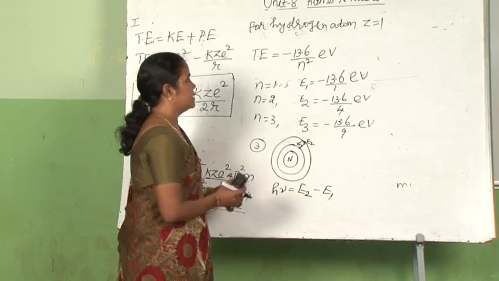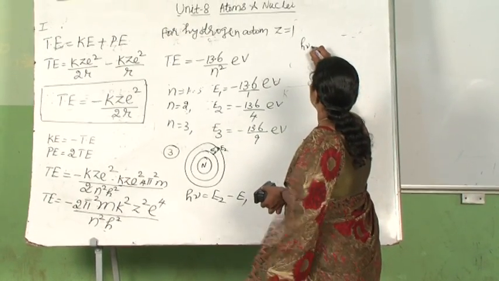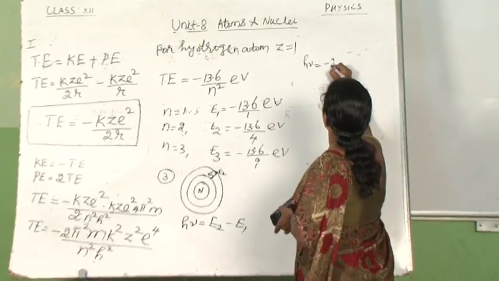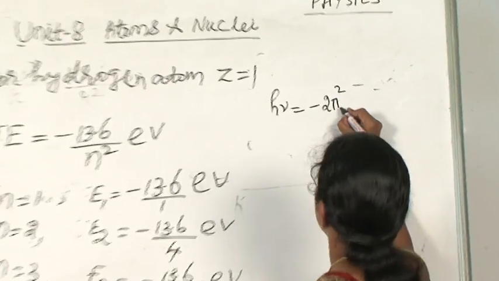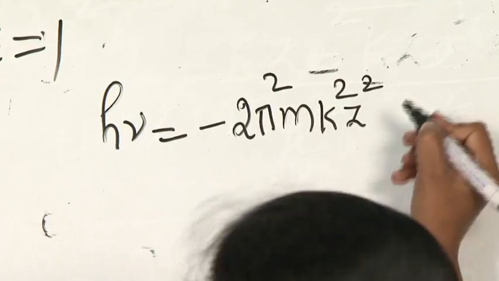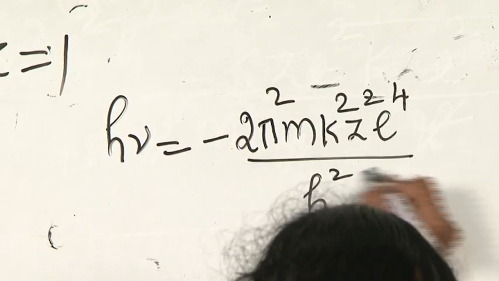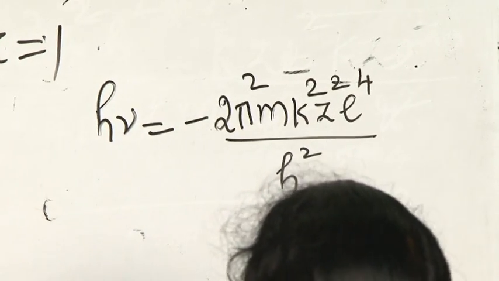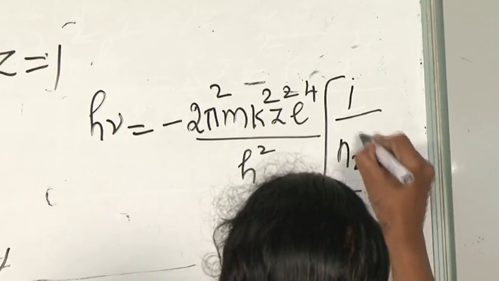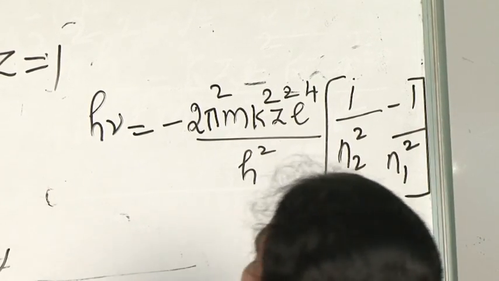From this total energy equation we can find out that h nu is equal to E2 minus E1, that is minus 2 pi square m k square z square e raised to 4 by h square into 1 by n2 square minus 1 by n1 square.